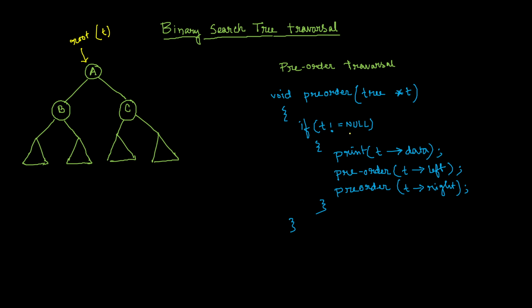If T is null, that means it may happen that the left side of B has nothing. So this part is null, right? So if it is null, then I don't have anything.